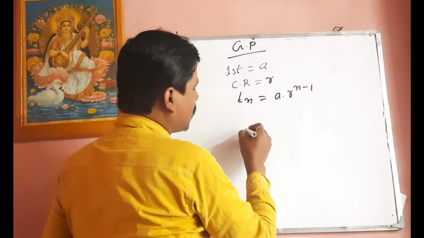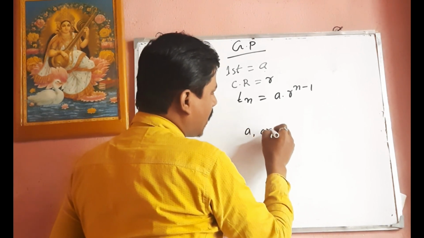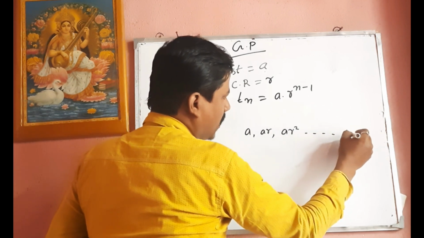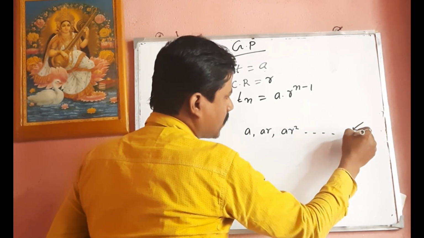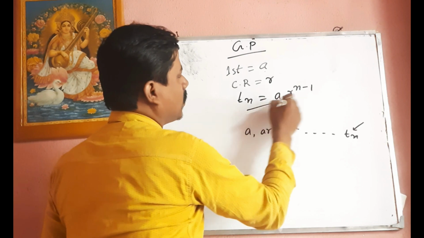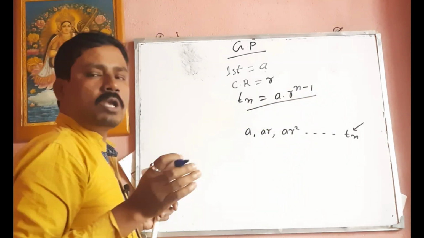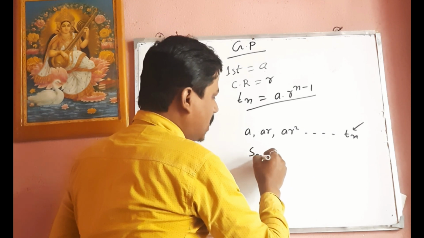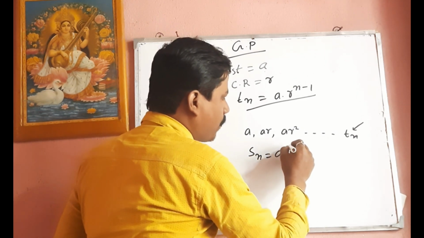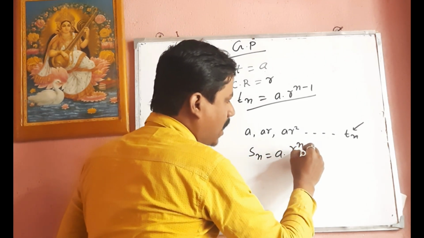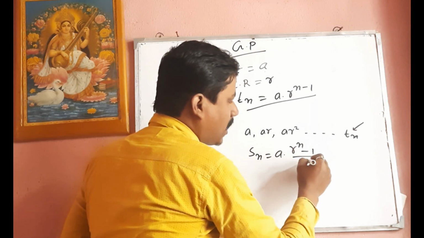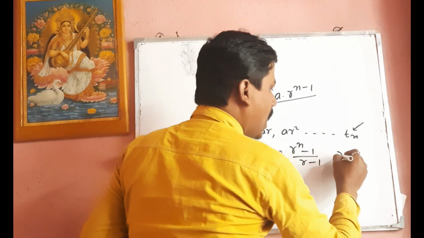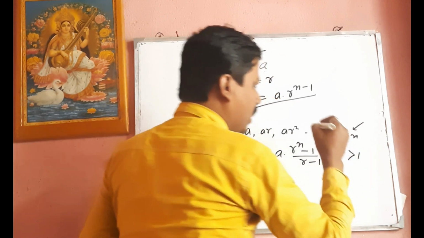When we discuss the series a, ar, ar square, up to Tn, the last term, that is the nth term, is this one. And if we think about the sum of n terms, then we get Sn is equal to a times r to the power n minus 1 divided by r minus 1, where r is greater than 1.